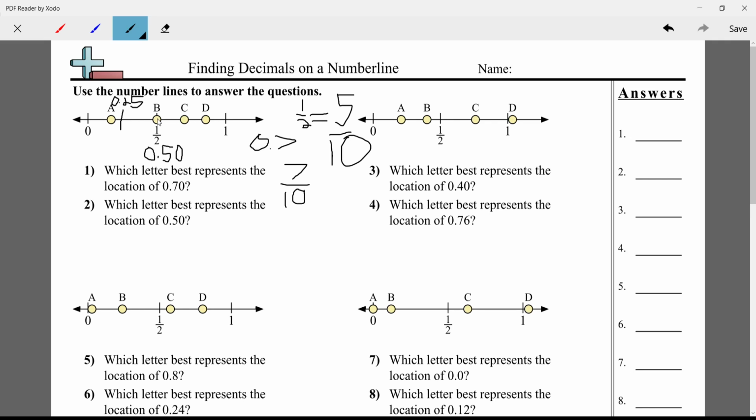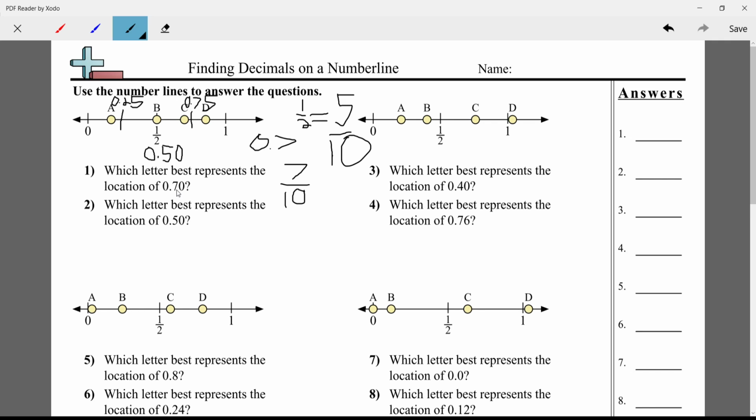And then halfway between the half and the 1, somewhere around here, would be 75 hundredths, right? Think about it like quarters. So 1 quarter, 25 hundredths, 2 quarters, 0.5 or 50 hundredths, 3 quarters, 75 hundredths, right? So you can think about it like money and cents. That is a good way to think about it.